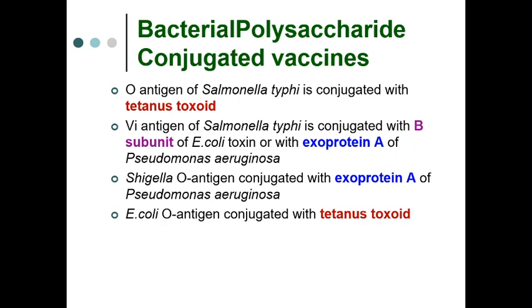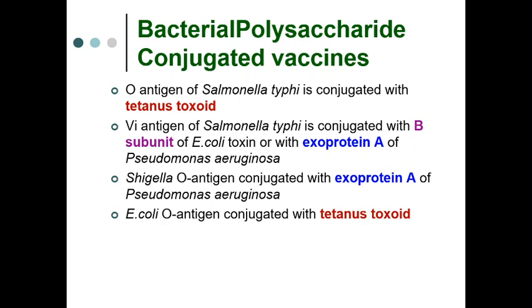Same way, against the Shigella O antigen, which is a gastrointestinal pathogen, exoprotein A of Pseudomonas aeruginosa is conjugated with the Shigella O antigen. Same way, the E. coli O antigen is conjugated with tetanus toxoid.